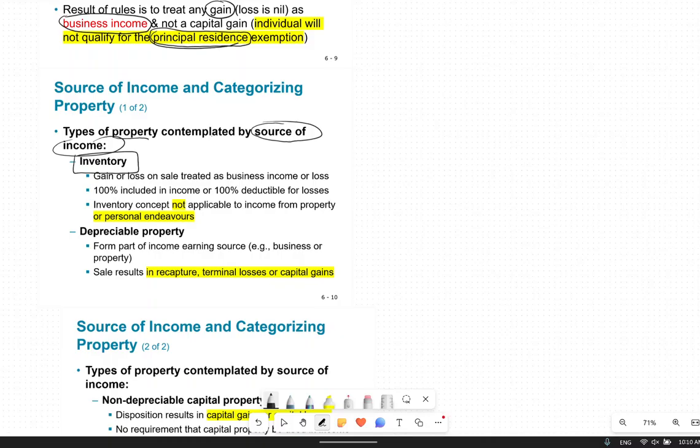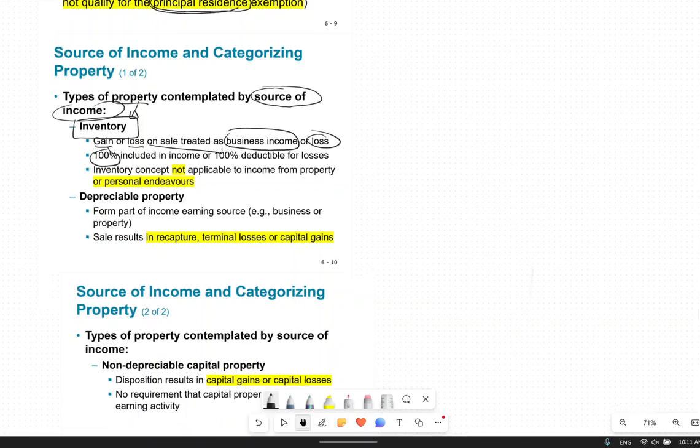If it's part of the inventory, the gain or loss on sale is treated as business income or a business loss. 100% is included in the income and 100% is deductible, if your intention is to buy the property and to sell it.